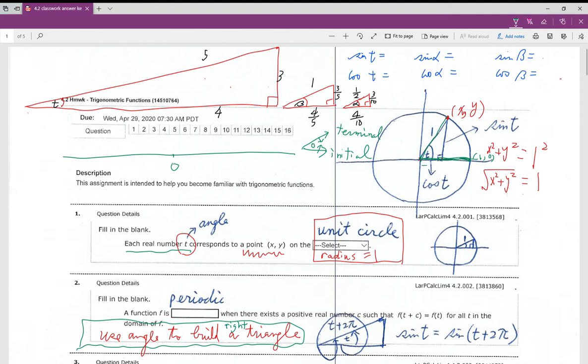So this length is x, this length is y, so the coordinate will be (x, y). Now, the real number, you may start from 0 and keep going bigger and bigger up to here. If we talk about degrees, it is 90 degrees. If we talk about radians, it's pi over 2.